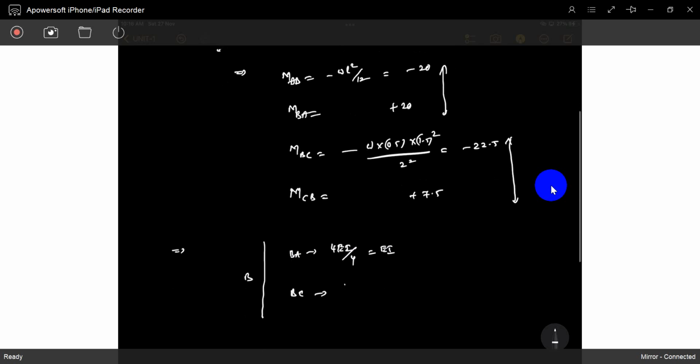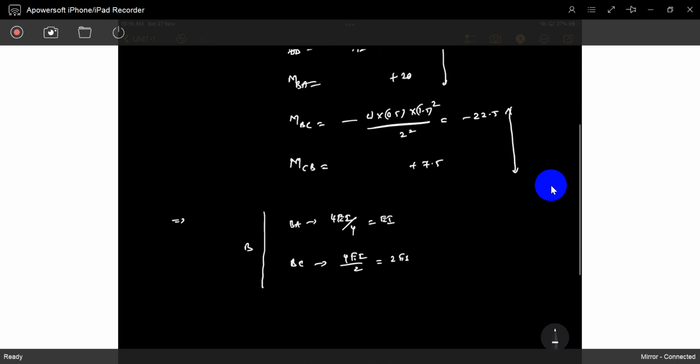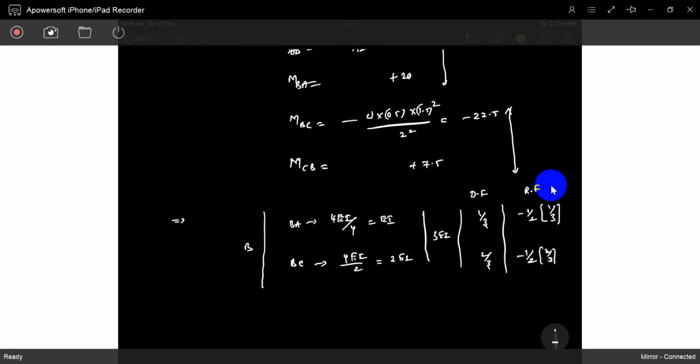BC same again, 4EI by L, length is 2, so it's 2EI. So total 3EI. So that is 1 by 3, 2 by 3. These are the distribution factors. Rotation factors, just half of these, so it's 1 by 6, 1 by 3.